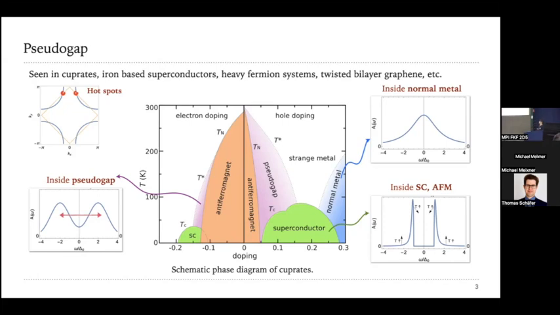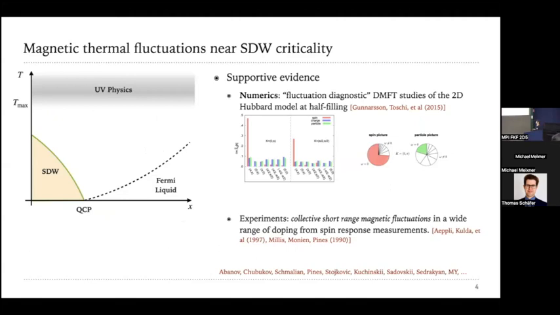There have been many proposals for the Pseudogap phenomena. Here, we want to start from something very simple, namely ask whether the magnetic thermal fluctuations near the SDW ordered state can give rise to Pseudogap behavior.